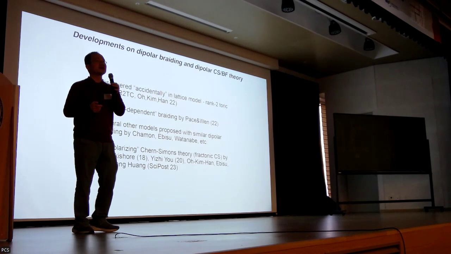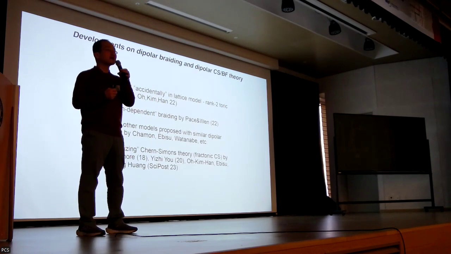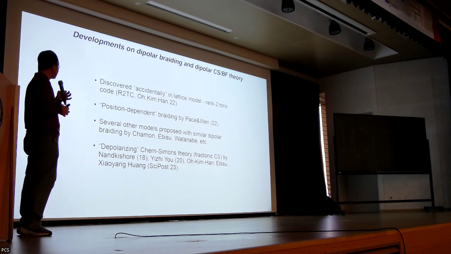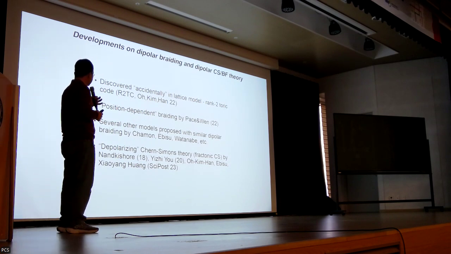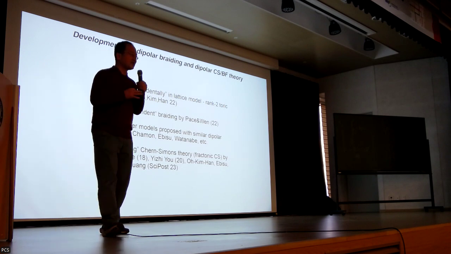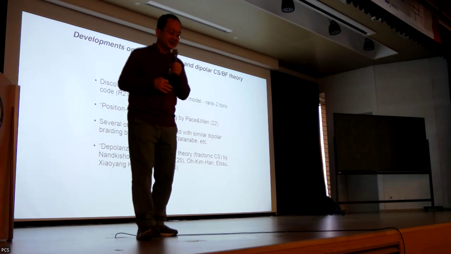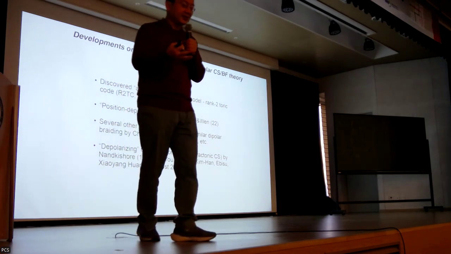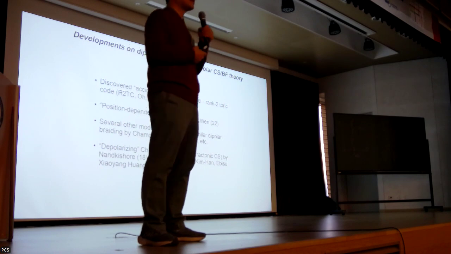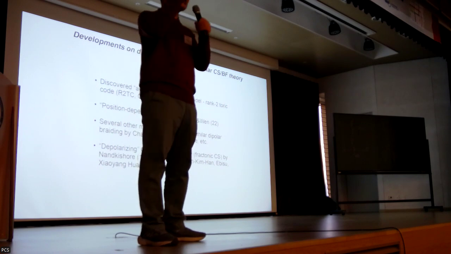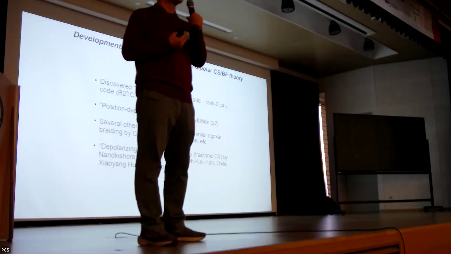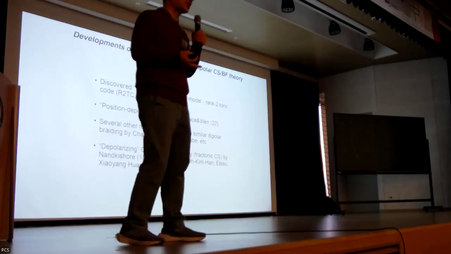I hope Professor Watanabe is sitting somewhere in the audience, and he also has a model with similar features. And then there was also a field theory effort to capture some of these dipolar anyonic behaviors. The motivations often come from trying to incorporate this idea of fractons into the field theory, as we have already witnessed this morning.